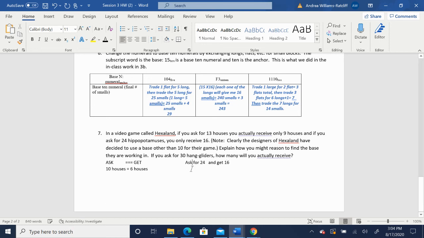So they've got to be representing 20 hippos, if I took out the 4 here, with 12, somehow 1 part and 2 parts. So how would this work? Let's think about this. 10 houses is somehow represented with 6 ones.